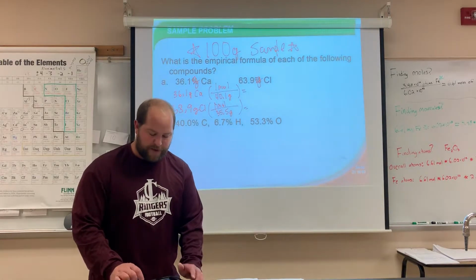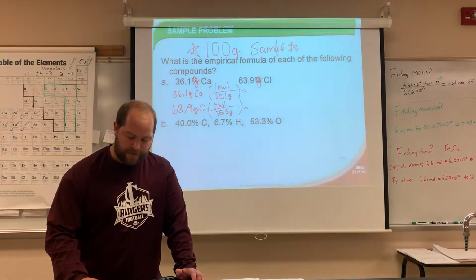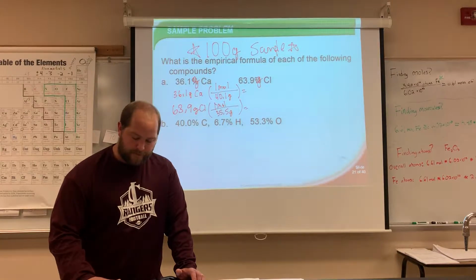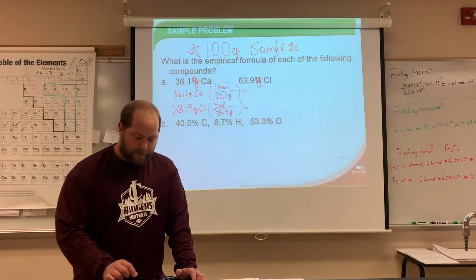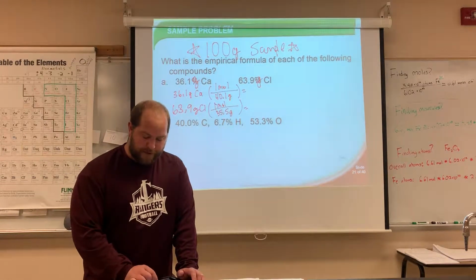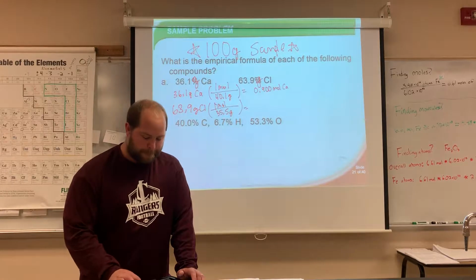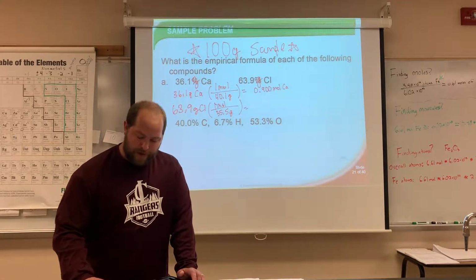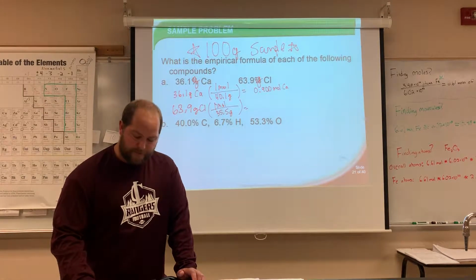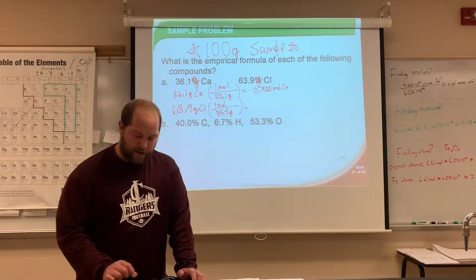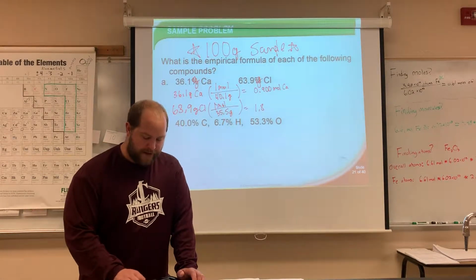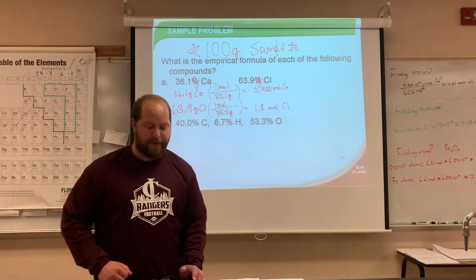All right, so let's figure out how many moles of each we have. For the calcium, we're going to get 0.9 moles in that sample. For the chlorine, we are going to get 1.8 moles of the chlorine in that 100-gram sample.